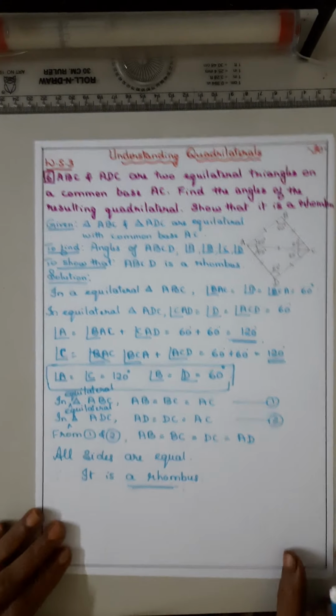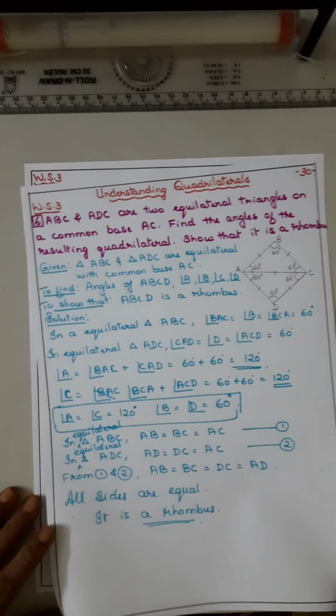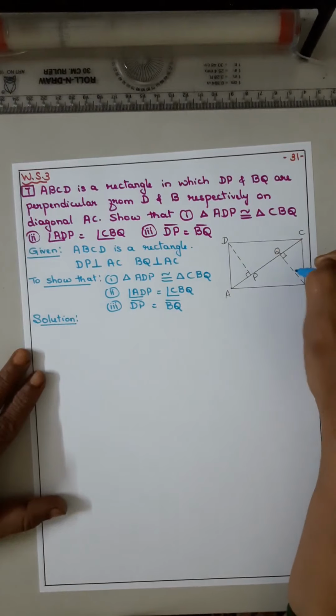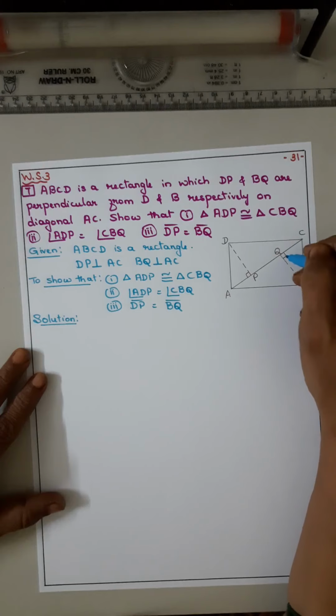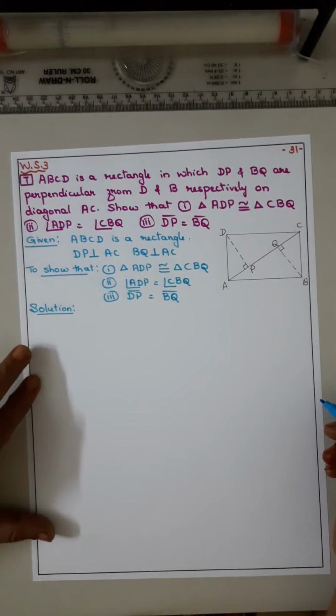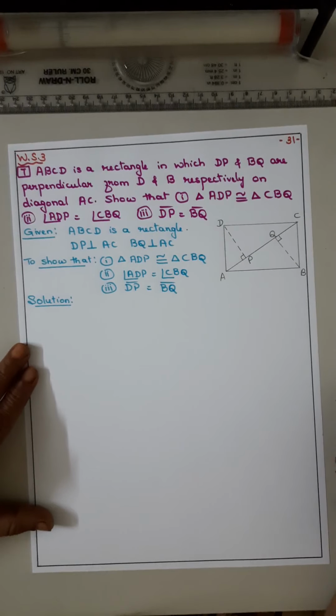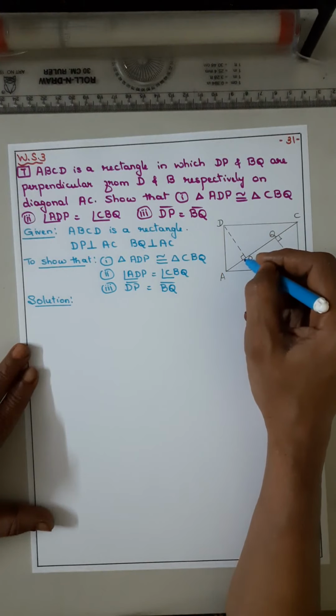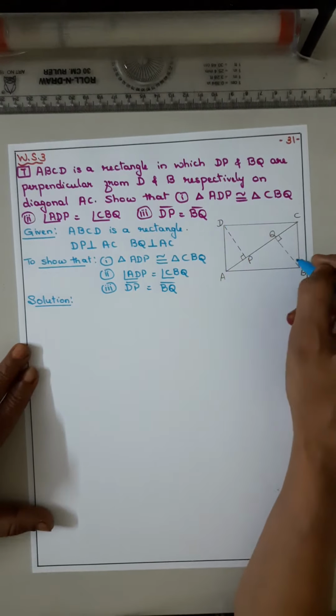Now coming to the last sum. ABCD is a rectangle in which DP and BQ are perpendicular from D and B to the diagonal AC. Perpendicular means they form 90 degrees. Now show that triangle ADP is congruent with triangle CBQ.